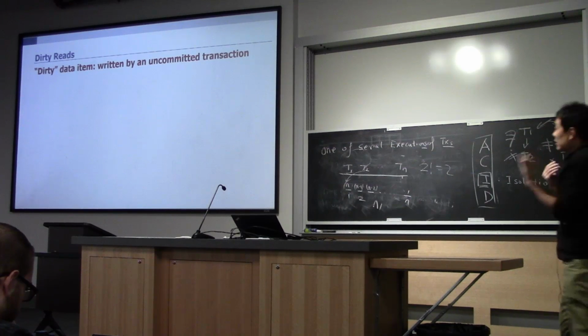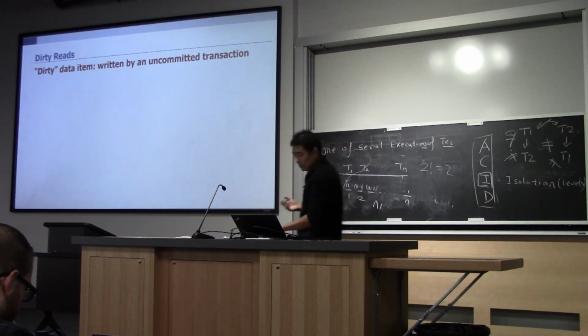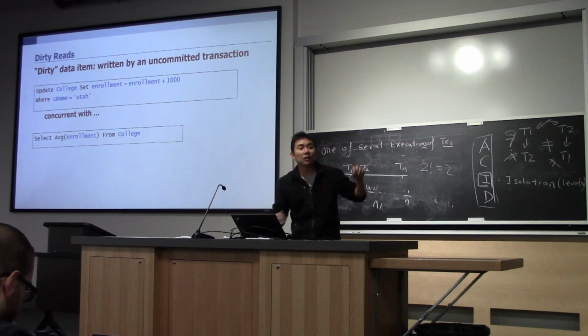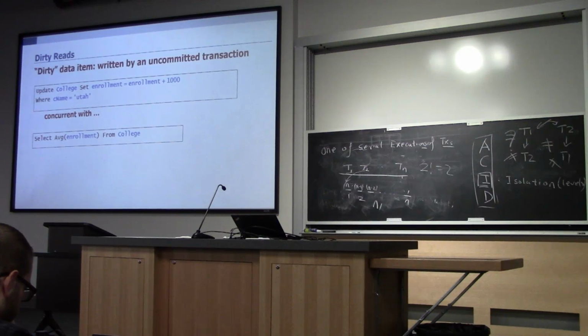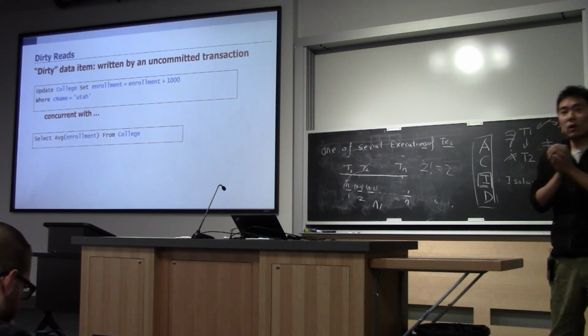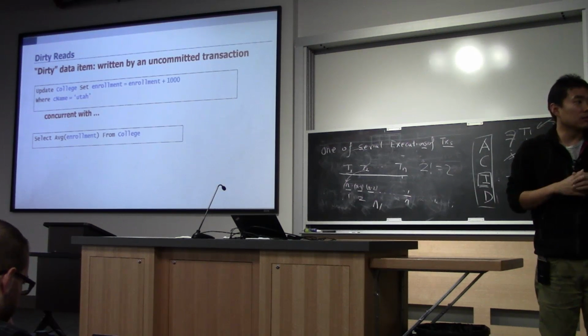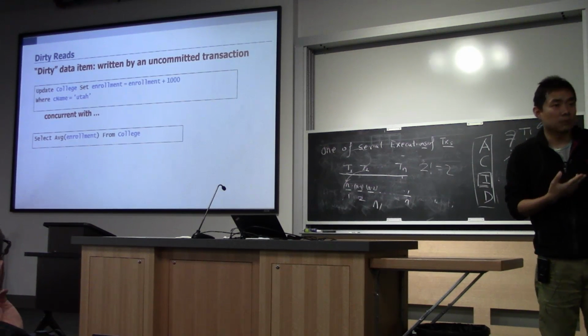Now, once you understand a dirty item, dirty reads become simple, right? A dirty read is when another transaction tries to read a dirty item. That read becomes a dirty read. Let me give you an example. Let's say enrollment. Let's say I'm the admission officer at the University of Utah.